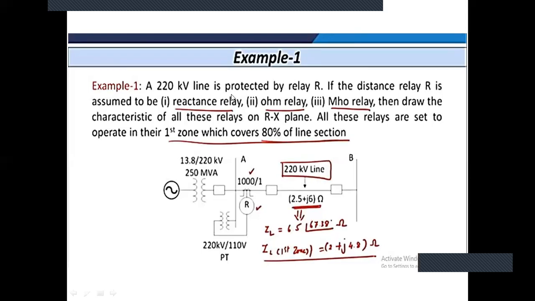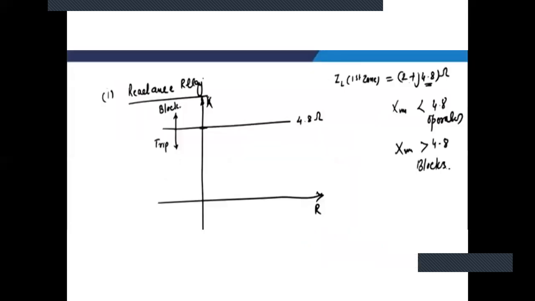So we are going to draw the characteristic for the reactance relay first. The reactance relay has the property to measure the reactance, which is equal to 4.8.